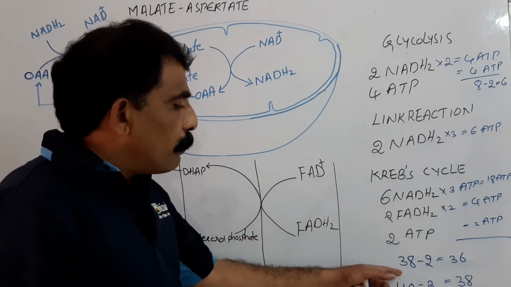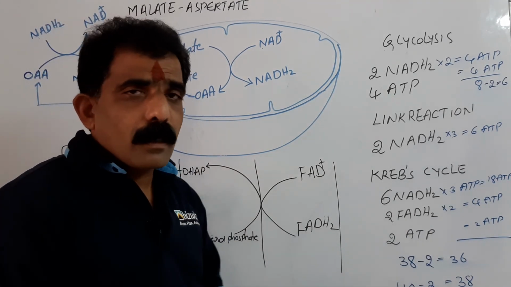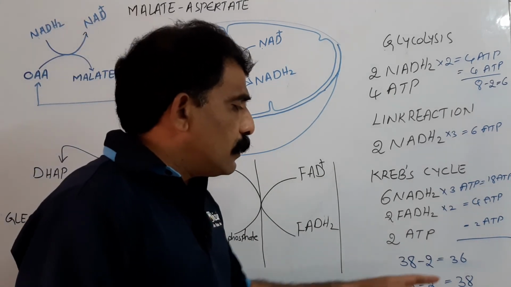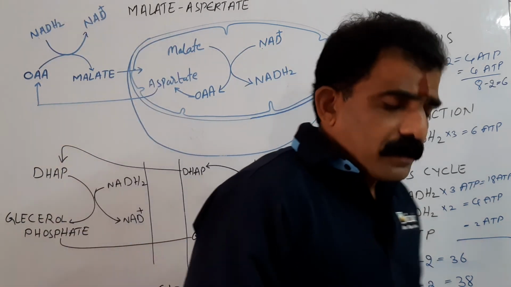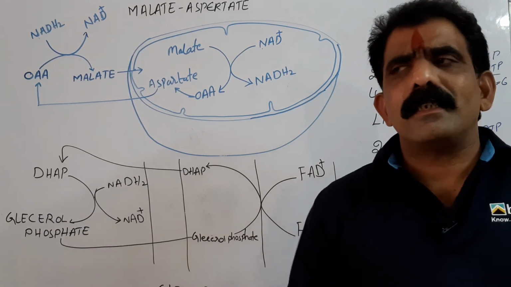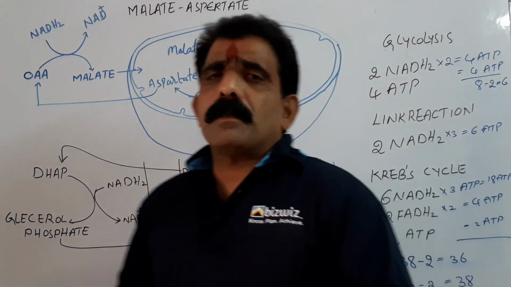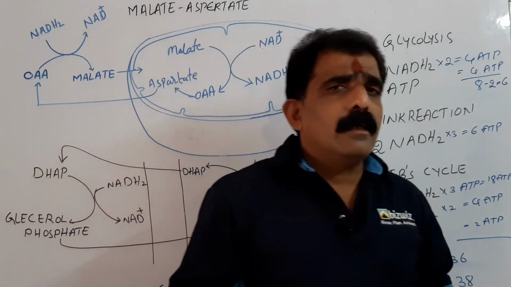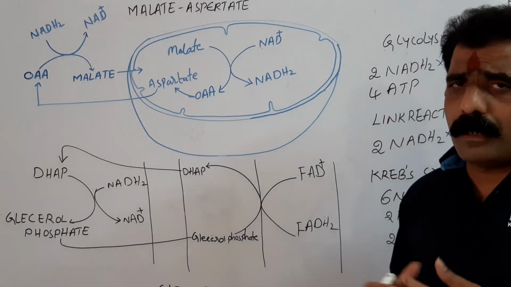But in the glycerol phosphate shuttle, the total number of ATPs is 38, minus 2 consumption, and the net gain becomes 36. So where is the difference? In the connecting link reaction and Krebs cycle, it is the same, whether it is the malate aspartate shuttle or the glycerol phosphate shuttle. In both cases, the same number of ATPs, 30, are formed.